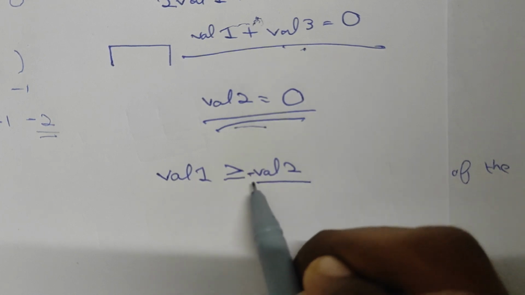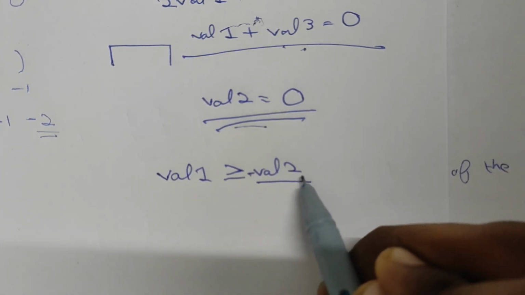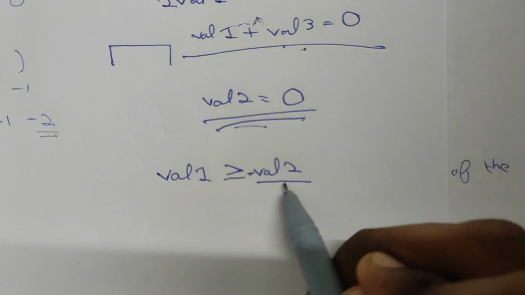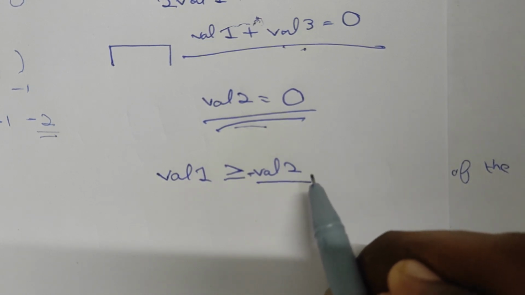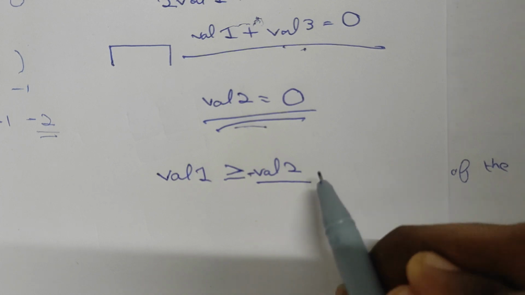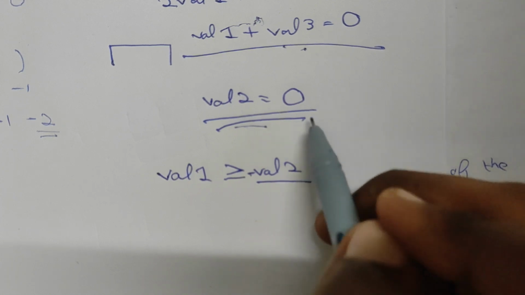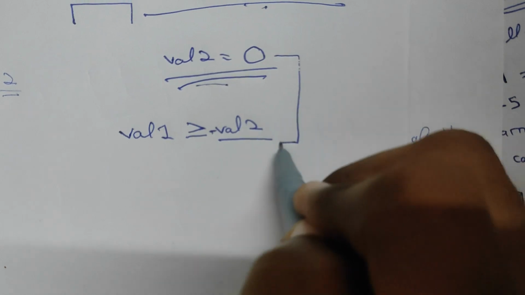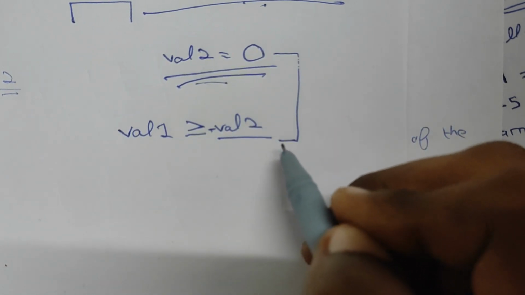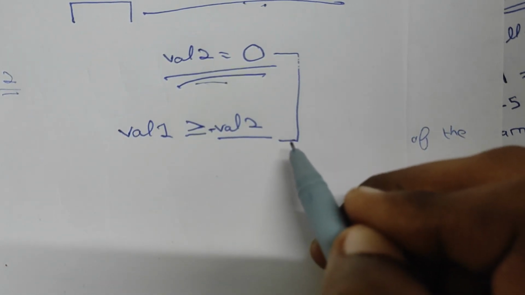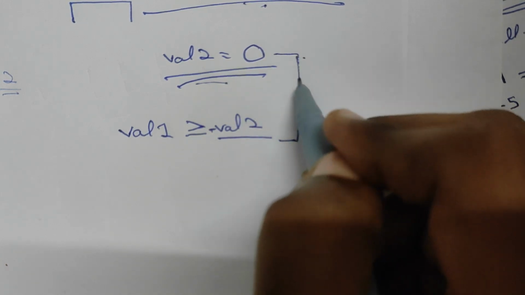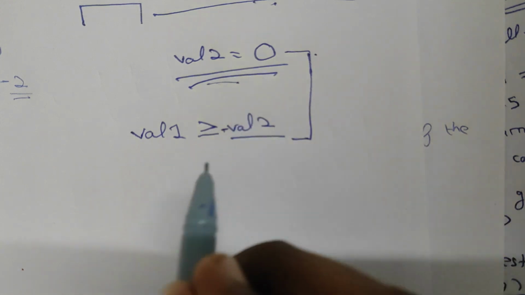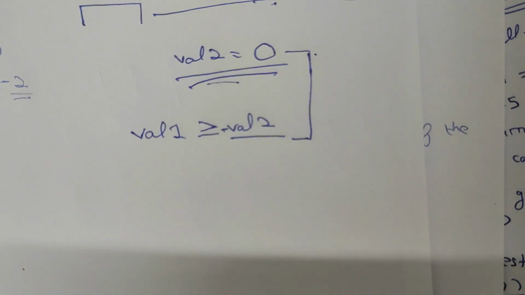Actually minus value 2, this is the value of the inverse substring, right? Okay, so if both of these conditions are satisfied, we will get a valid substring. So we can take that substring and take the inverse of that, and we can take the count of that. So these are the two conditions to satisfy.